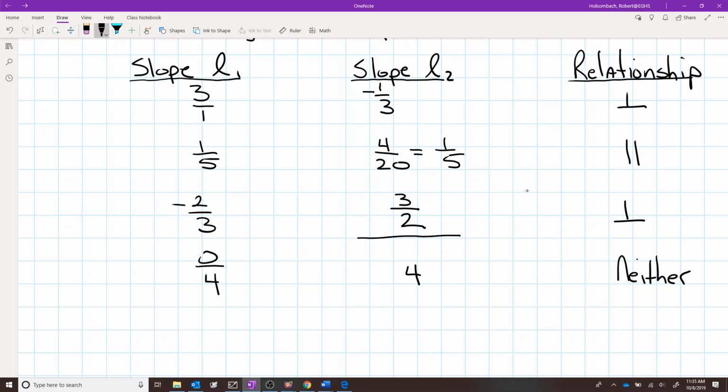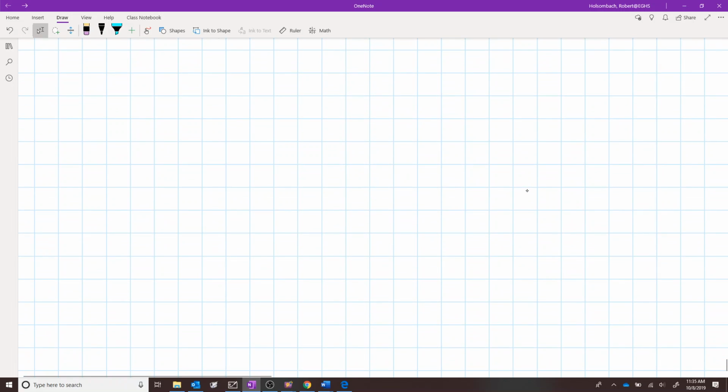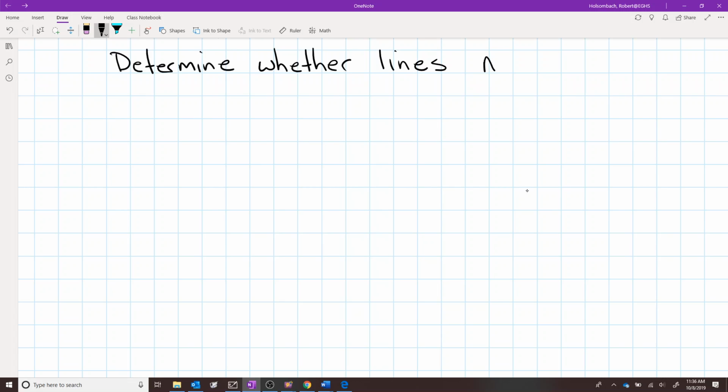Okay, so the next type of problem you're going to have in your assignment today, you're going to be asked to determine whether lines AB and CD are, I'm going to use symbols, parallel, perpendicular, or neither.